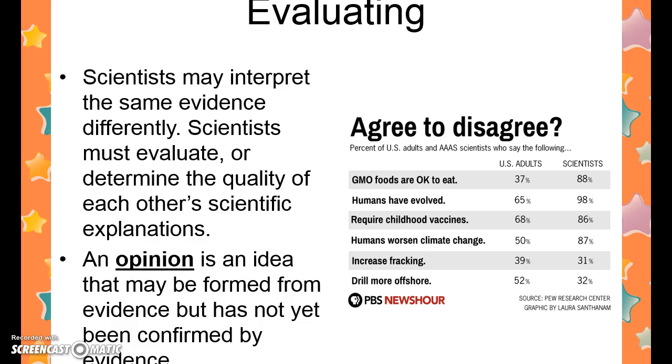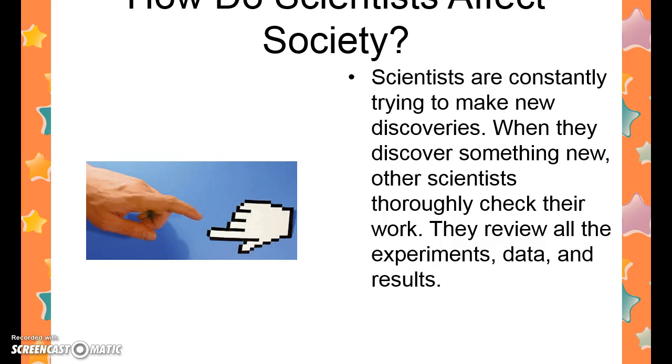So I'm not going to continue to read it. You can see that even scientists and regular people who are intelligent, who are smart, disagree because we have opinions. And opinions are ideas that we form from evidence, but we haven't really confirmed it either way by new evidence.